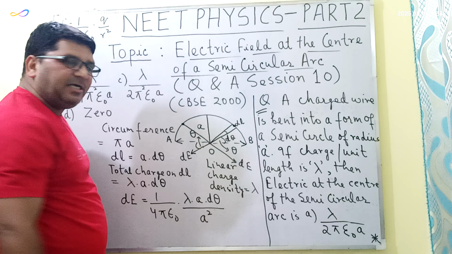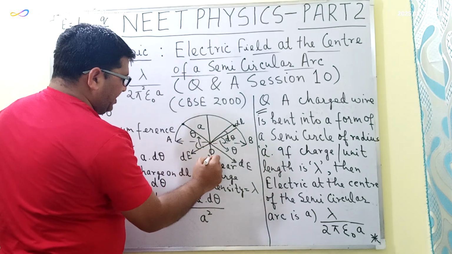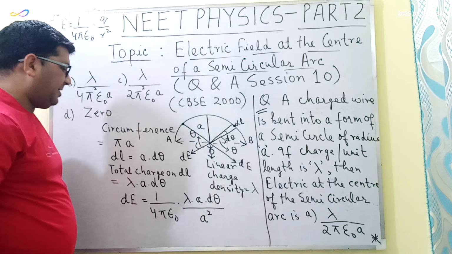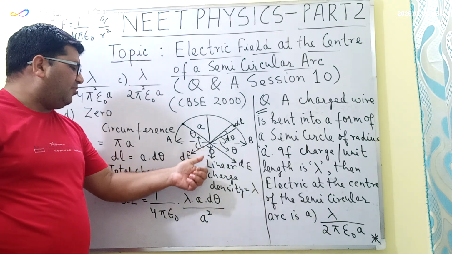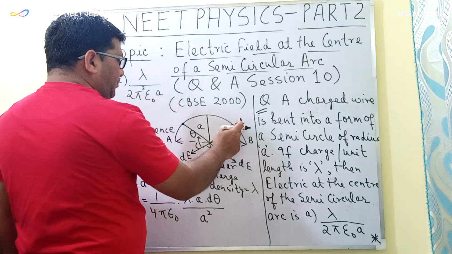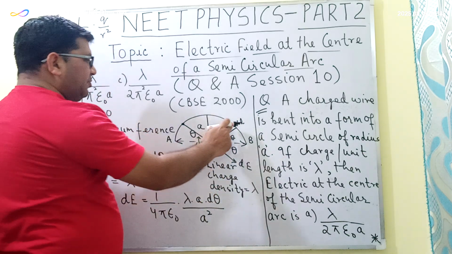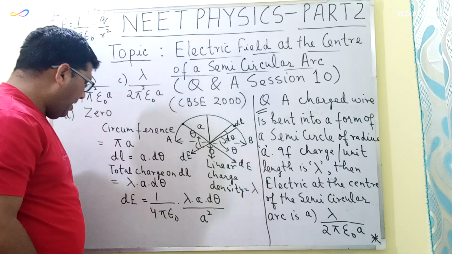So the horizontal component will get cancelled out and the vertical component will be added up. This is the vertical component. So the electrical field at the point O will be the sum of the vertical components of the electrical field due to all the elements dl which make up this semicircle.